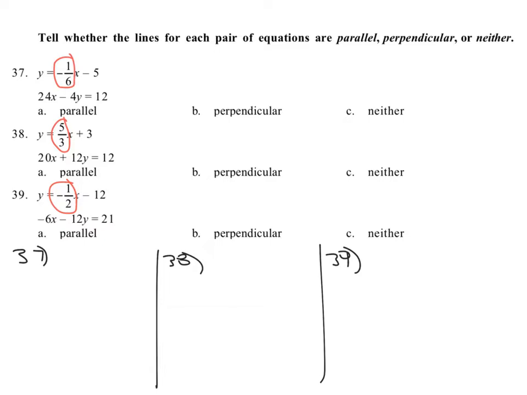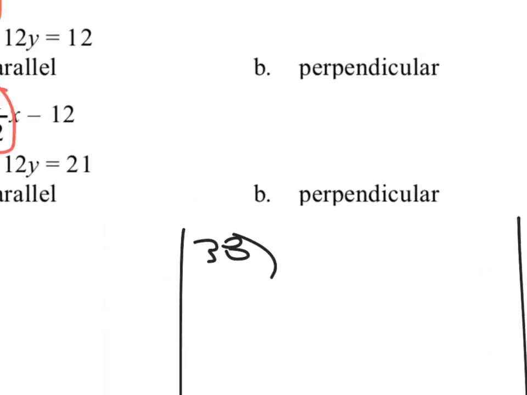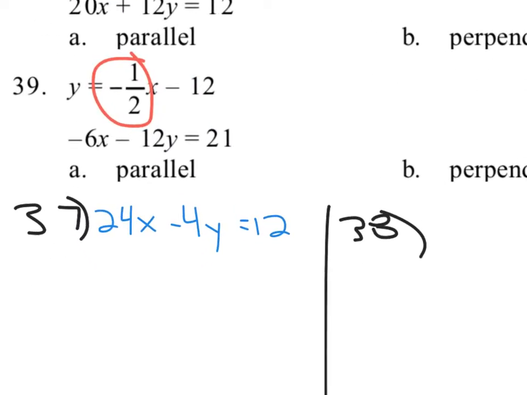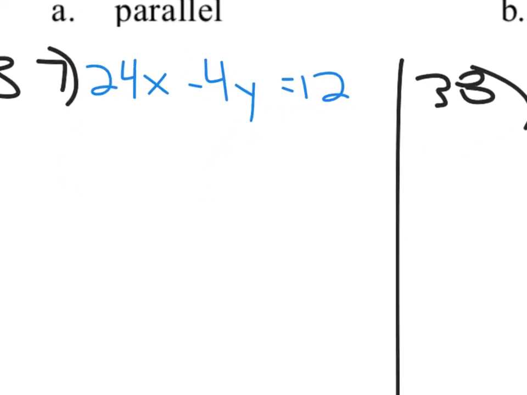So for 37, we've got 24x minus 4y equals 12. Okay? And what we need to do is solve for y.